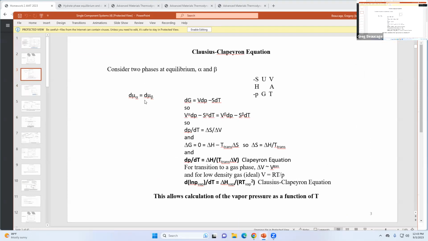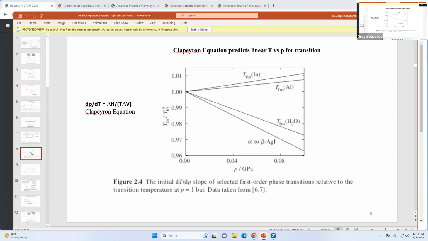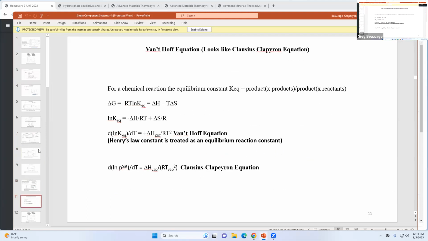In fact, that's the answer to question A or B. So you get this delta S by delta V, and you substitute for the delta H. Then you get the same thing as ln P versus 1 over T. Then our thing is going to be this van 't Hoff equation. So instead of ln P, we have ln K, and instead of delta H of vaporization, we have the delta H of reaction, the chemical reaction.